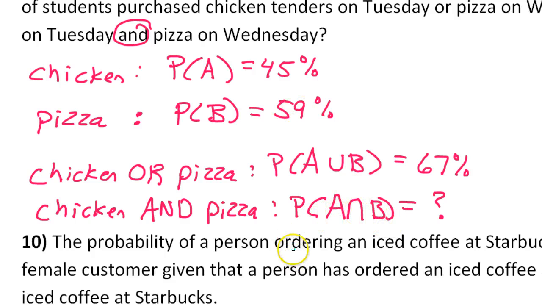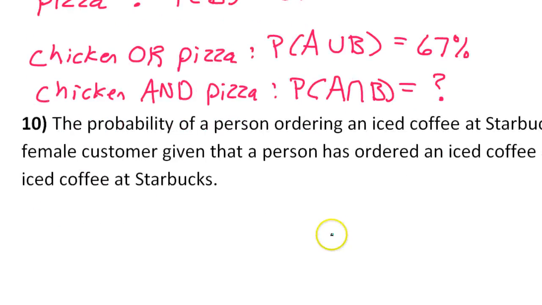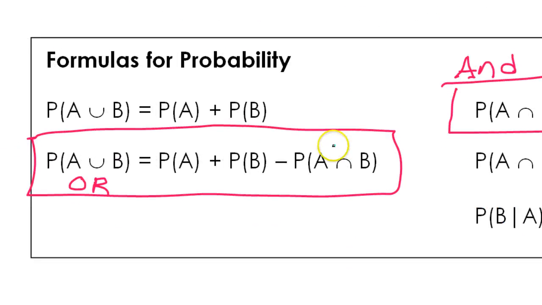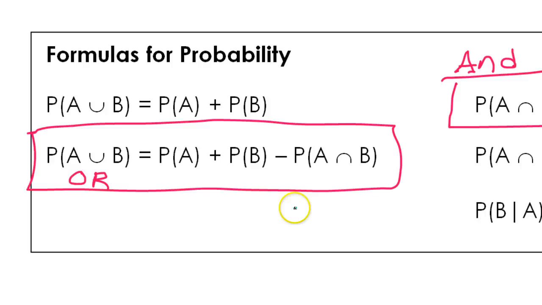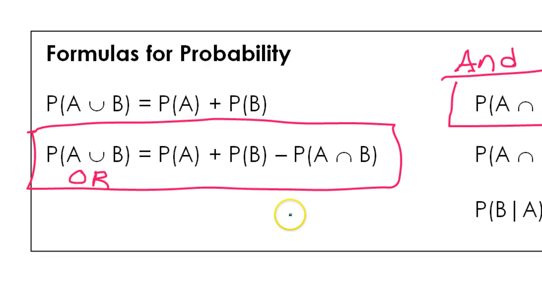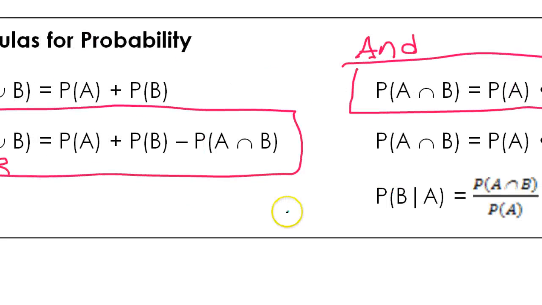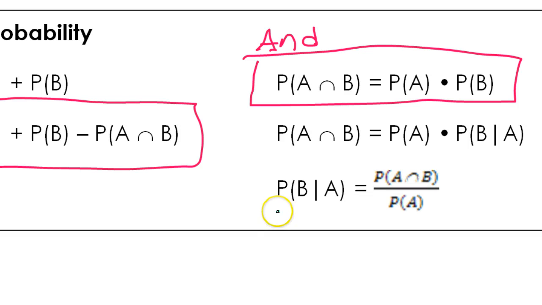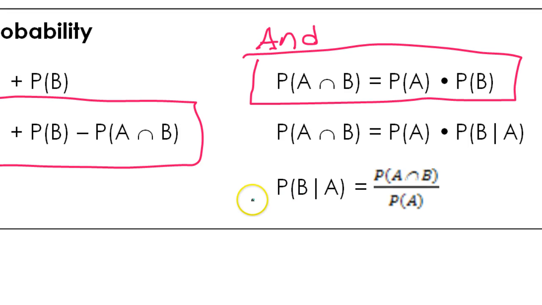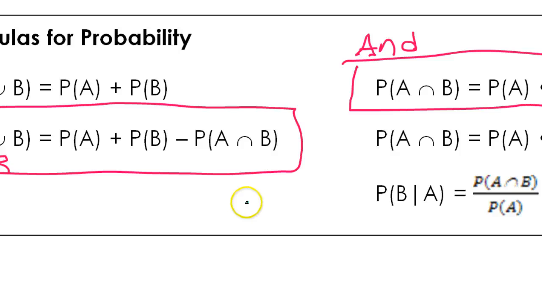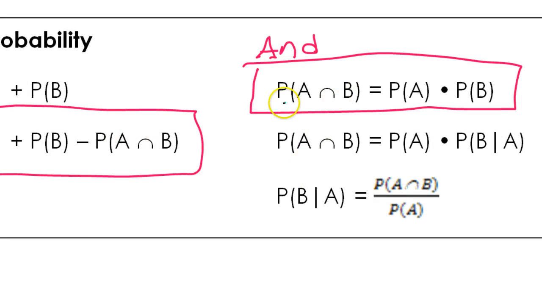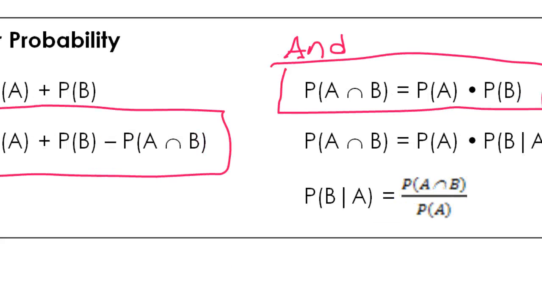Sounds pretty complicated, but if we have these formulas that we're looking at, which one of these formulas involves all four of those things, the three that we're given and the one that we're not? For starters, look between the two formulas that I highlighted for you. Is it going to be the AND formula or the OR formula?